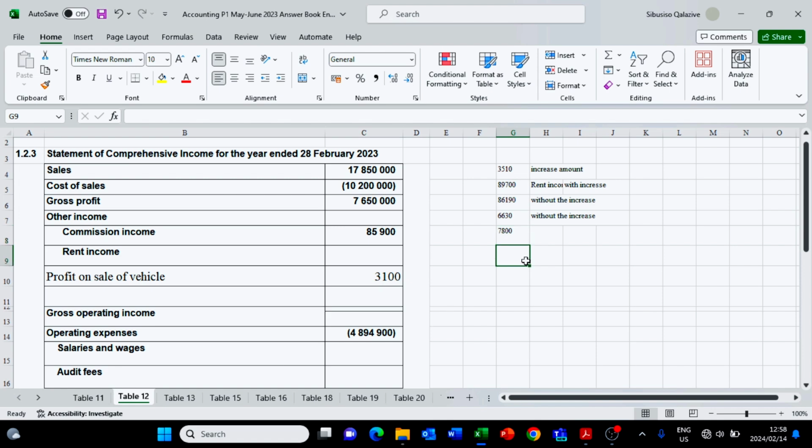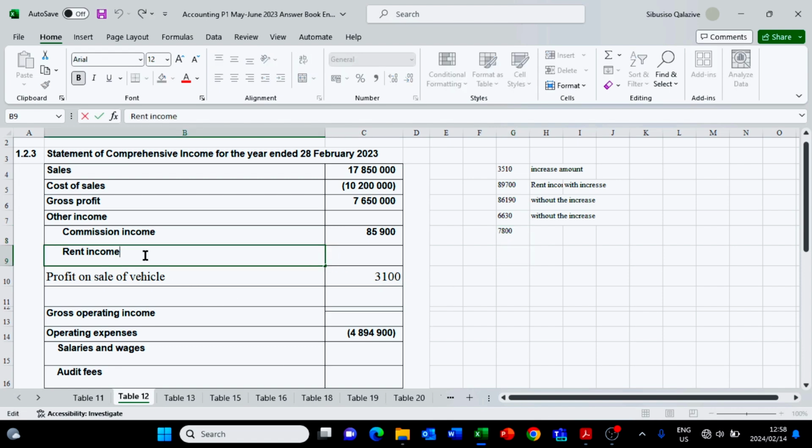Now what do we want to do? In brackets on our income statement, we are going to say 89,700, which is the amount that we have on our trial balance, minus the 7,800 for 1 month, which is for March. We are minusing it because it exceeds our current financial year.